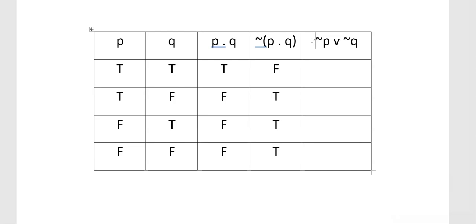So what are disjuncts here? One disjunct is negation of P and the other disjunct is negation of Q. So you need to see that negation of P is false and negation of Q is also false in order to say that negation of P wedge negation Q is false. But that is not exactly the point.